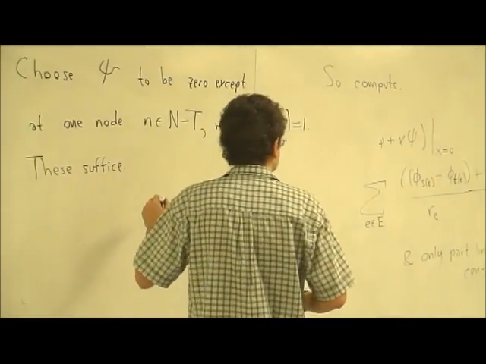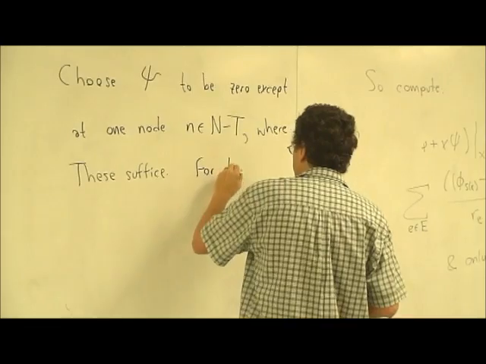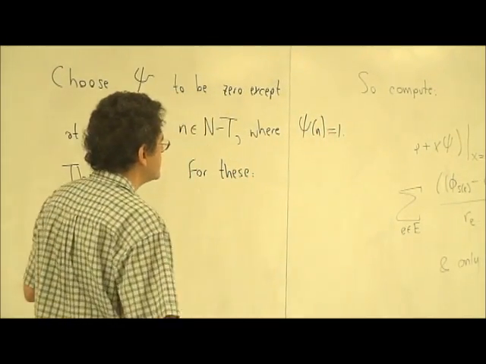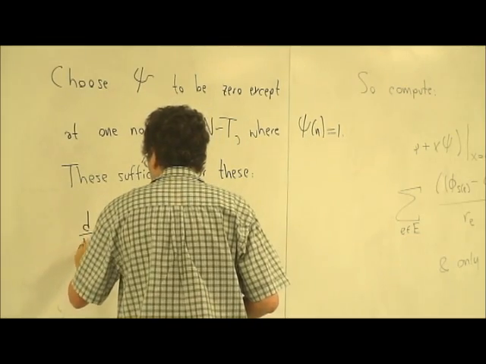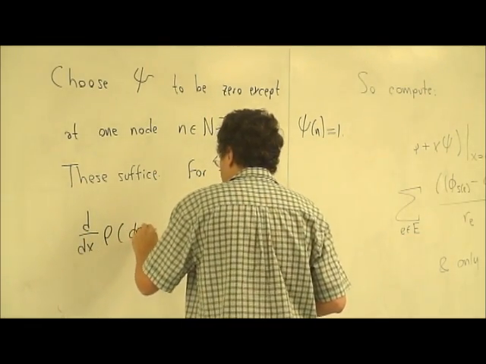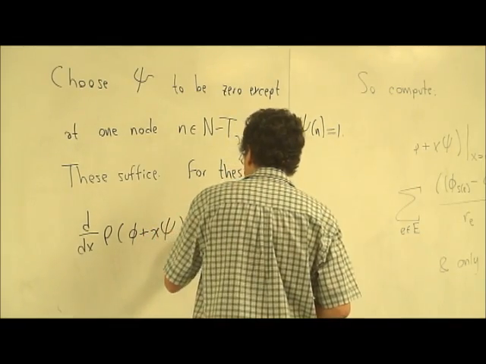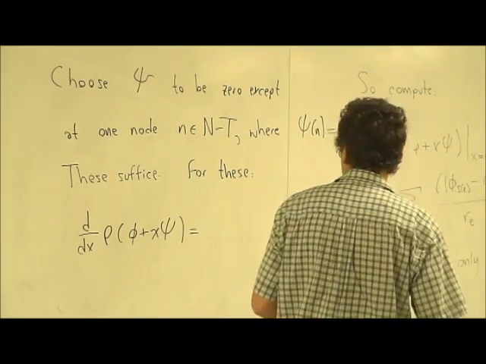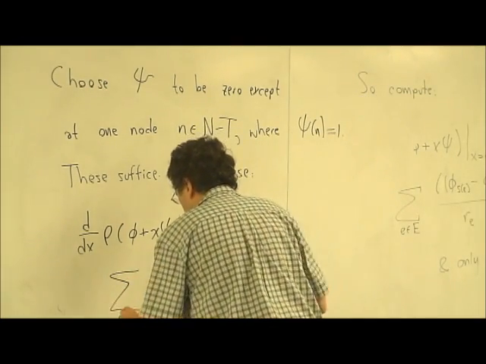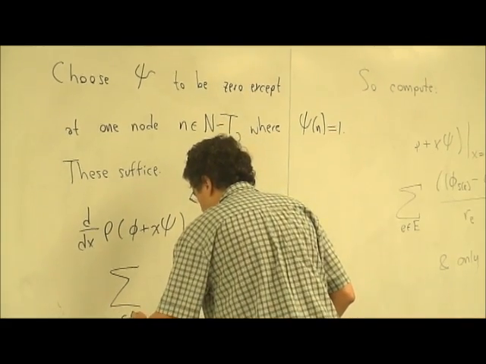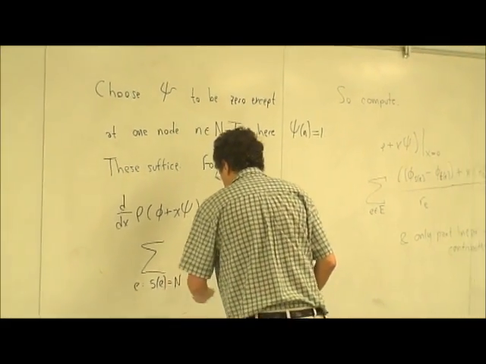So, for a function of this type, let's see what we get. First I'll do the sum over the terms coming from an edge where the source of that edge is n.